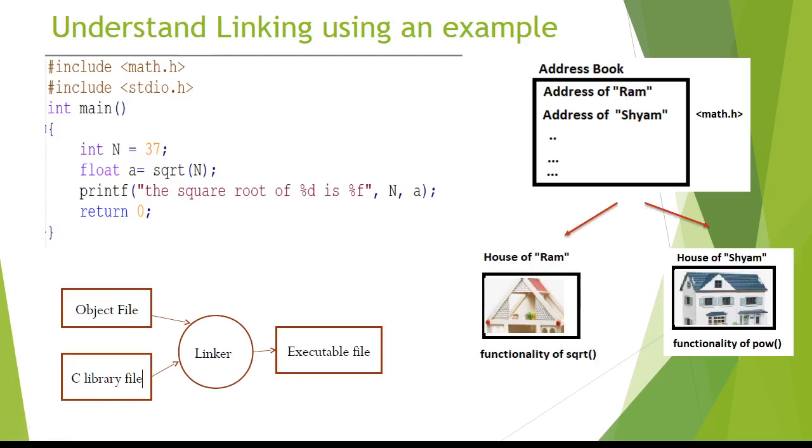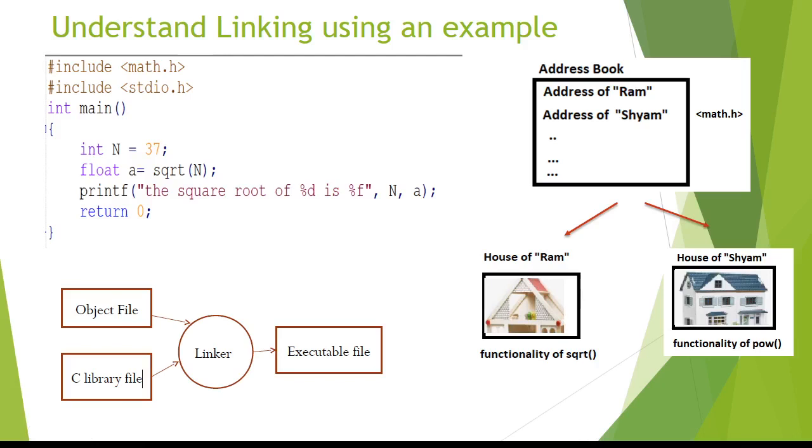Similarly, we have the math.h header file in which only the information regarding sqrt and power, these types of functions, is available, but the actual functionality is available elsewhere. The actual functionality means how this code works, how the logic of sqrt is written.